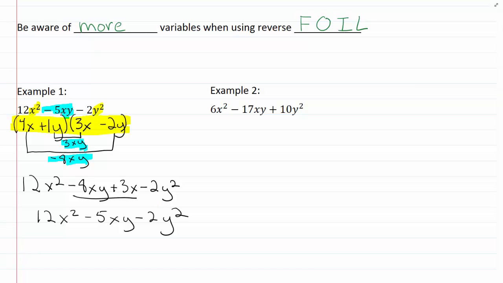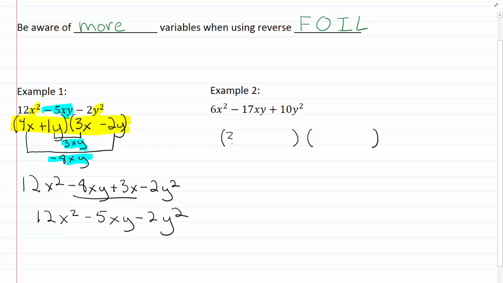Okay. So let's go ahead and do example number 2. So in example number 2, we've got 6x squared minus 17xy plus 10y squared. So we'll start by setting up our parentheses. And we're looking for something that multiplies together to 6x squared.